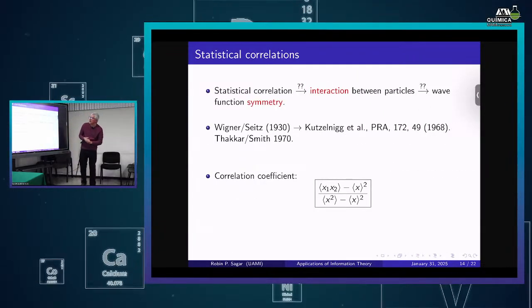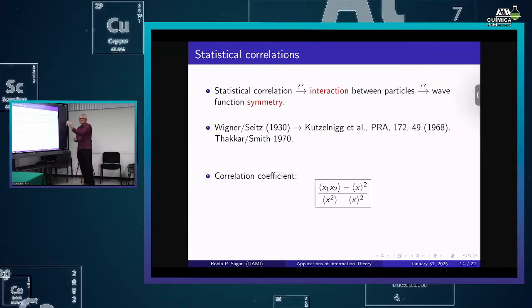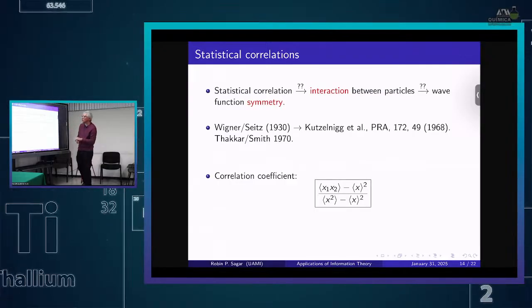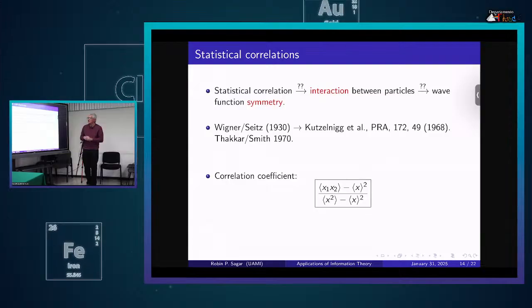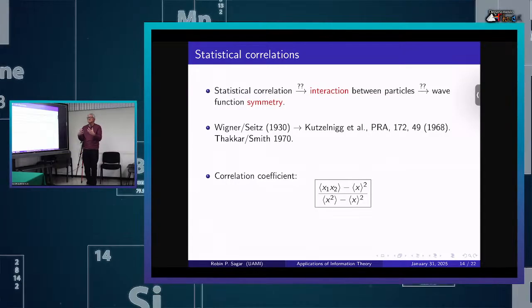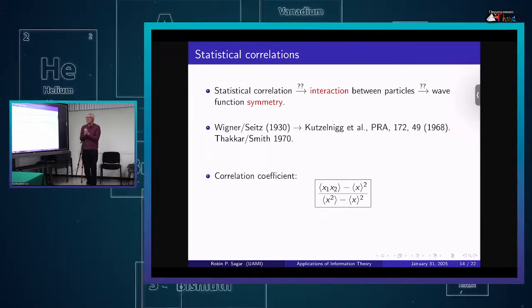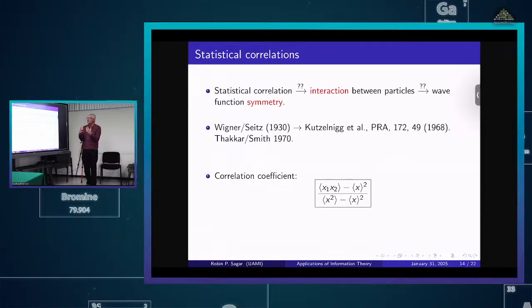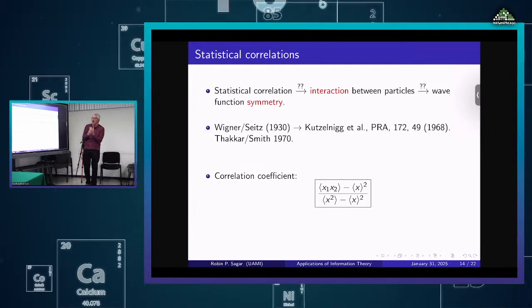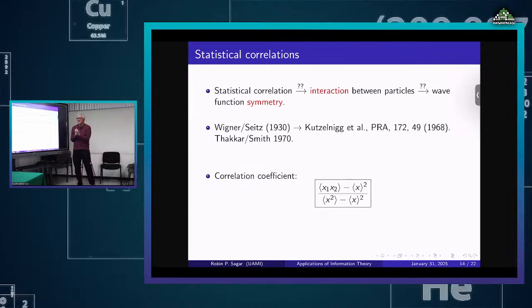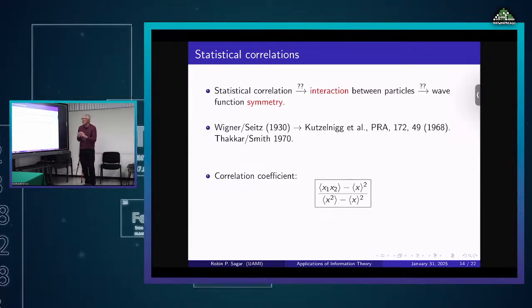Okay, now I'll speak about the next topic, statistical correlations. We're talking about interactions between particles in quantum systems, but also the wave function symmetry. This has a long, long history of statistical correlations in quantum systems.